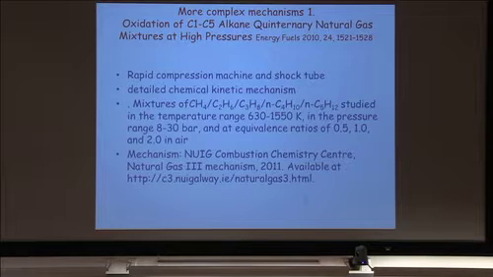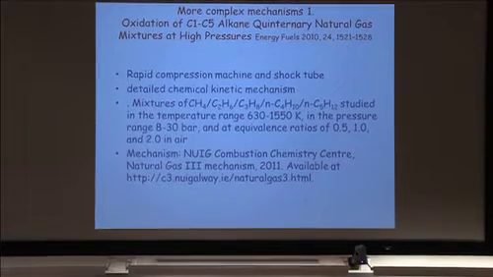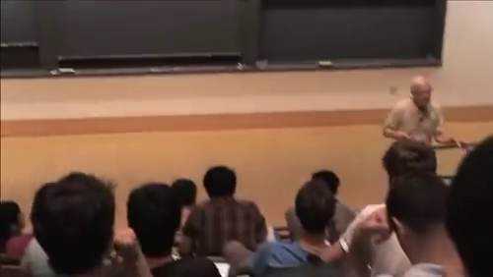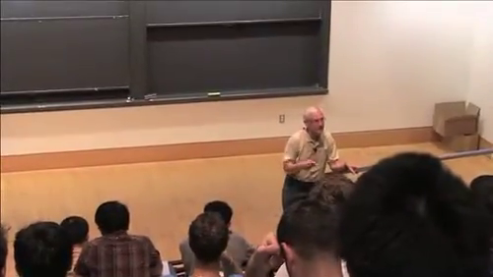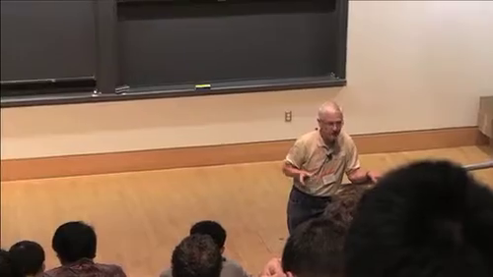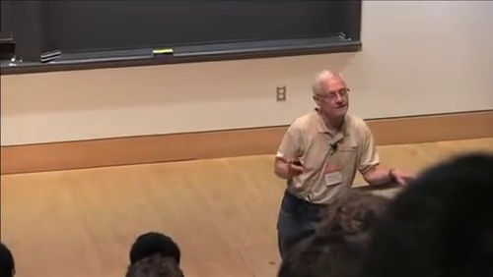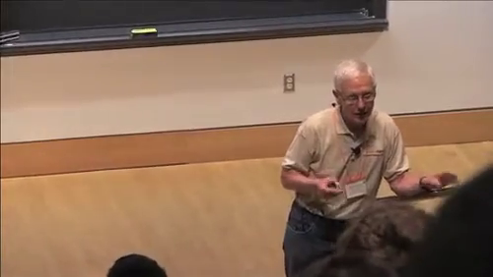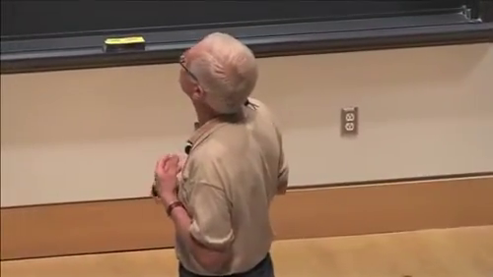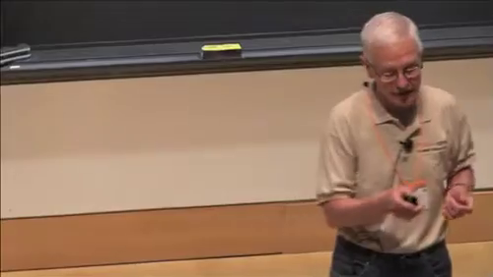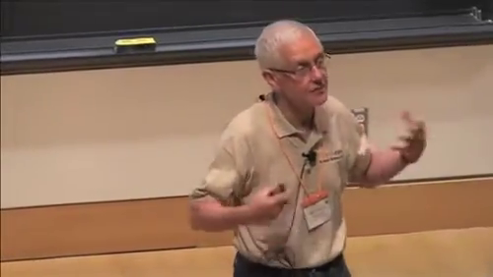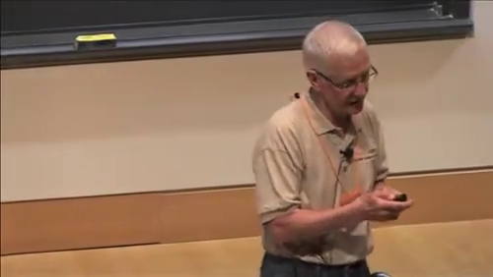And obviously, as you go to these larger fuel systems, there begins to become more and more disagreement between these different mechanisms. But one of the contributions that's come from CEFRC is an attempt to understand mechanisms of this sort of magnitude, C1 to C4, C1 to C5, in more detail, especially as you begin to put oxygenated systems in. And we'll talk about that a little bit more later on.